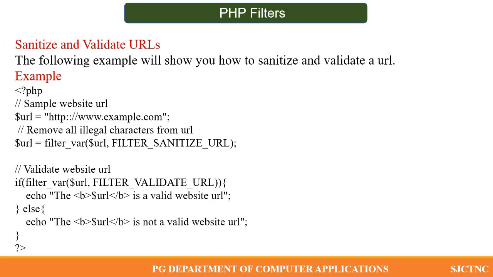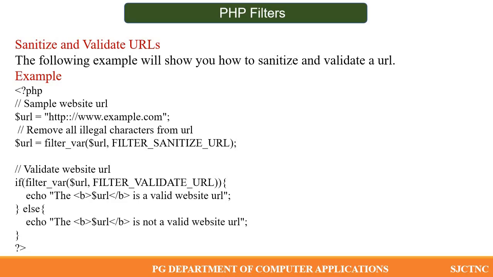Then we will see how to sanitize and validate URLs. Here, in a URL variable, we are storing the URL http://www.example.com, written with a double colon. First, we are removing all illegal characters from the URL. There should be a single colon there.